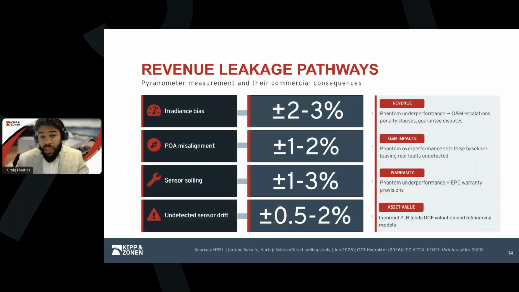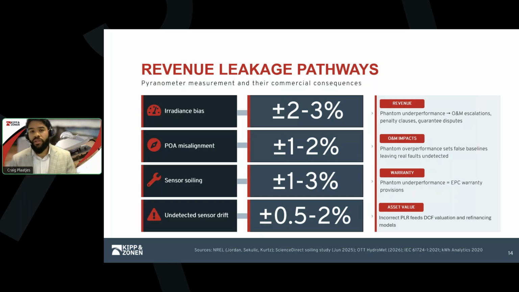And so, if we accept that there is a risk of revenue leakage through inaccurate irradiance measurements, then we need to understand where those inaccuracies come from and what they cost. And if we're looking at pyranometers, we can look at 4 different sources. This is not exhaustive, but these are 4 major sources.